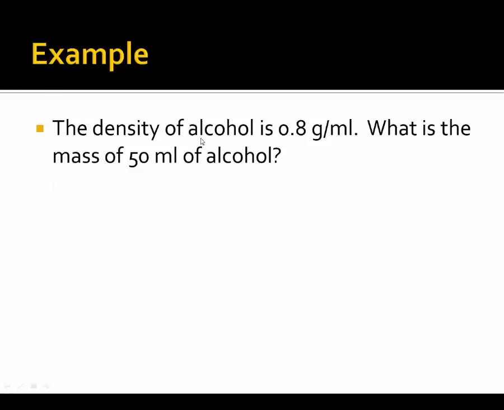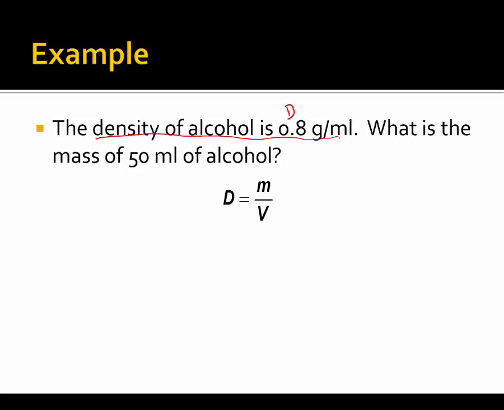So here's an example. The density of alcohol is 0.8 grams per milliliter. What is the mass of 50 milliliters of alcohol? So what are we looking for? We're given density, there it is, density of alcohol.